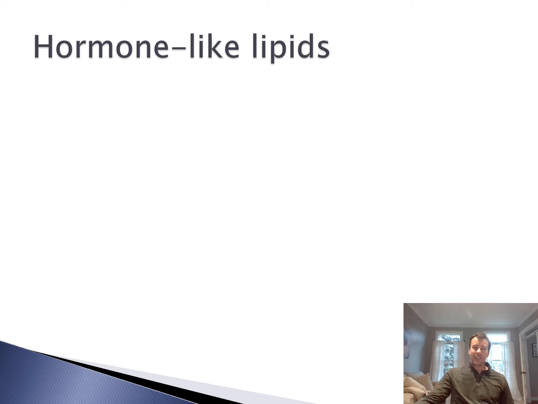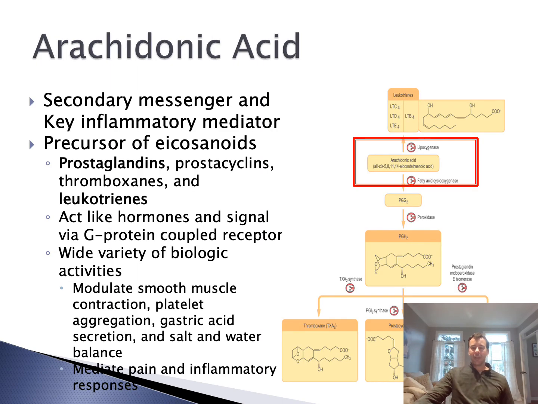The last section here is I'm going to be talking about hormone-like lipids. These are important, and they are related to this lecture mainly because they are hormones or hormone-like in their activity. Some notable examples are arachidonic acid. This is a secondary messenger and a key inflammatory mediator. It's a precursor of eicosanoids, which are prostaglandins, prostacyclins, leukotrienes, and other molecules shown here.